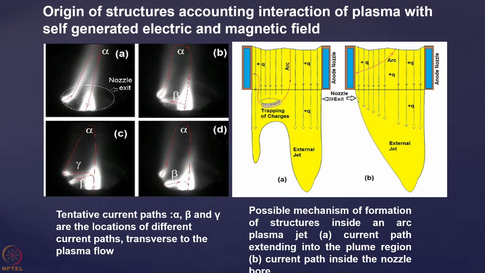So depending on the angle of these current density vectors, there will be a different angle of the magnetic fields, and depending on that, the electromagnetic body forces will be controlled. And of course, in the region where there is no current density vector, it will not pose any force in that region.